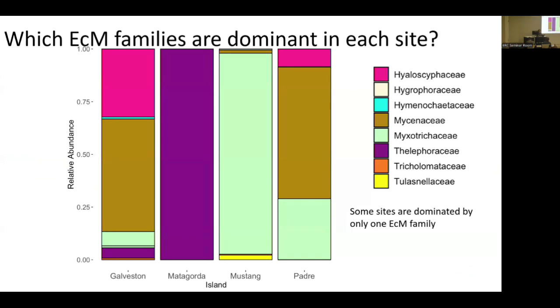The highest resolution I can get is the family. So that will require digging through literature and figuring out what has been identified to a genus or species level. So for now, the highest resolution is family. We can see here there are some sites that are just dominated by one ECM family, especially these two.